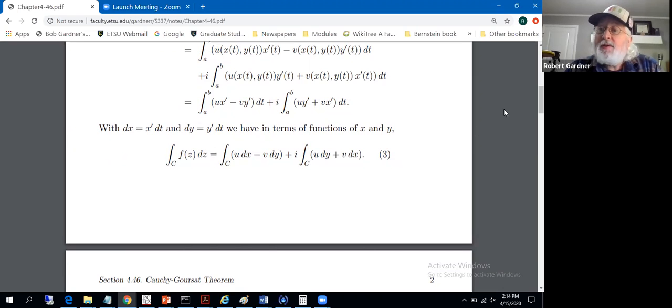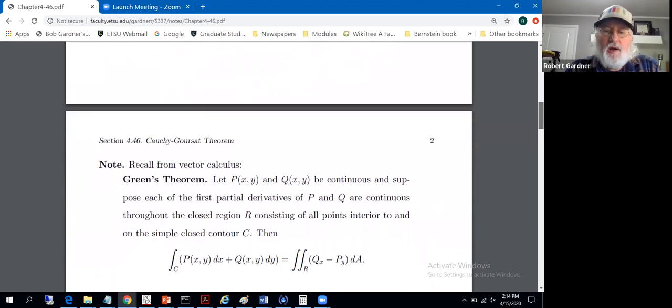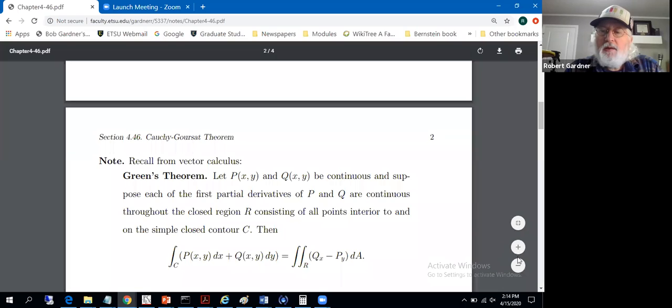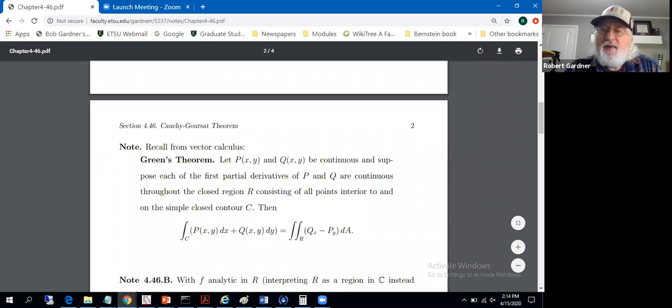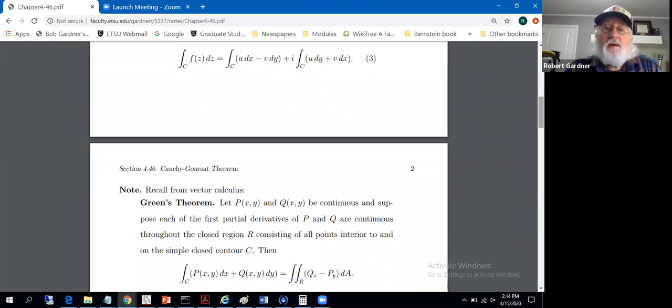Well, the reason we wanted to do that is to borrow the following result from vector calculus, the notes say. All right. Let me just point out to motivate even looking at this. See down here in Green's theorem, we've got a function dx plus a function dy, and we're integrating something dx, something dy.